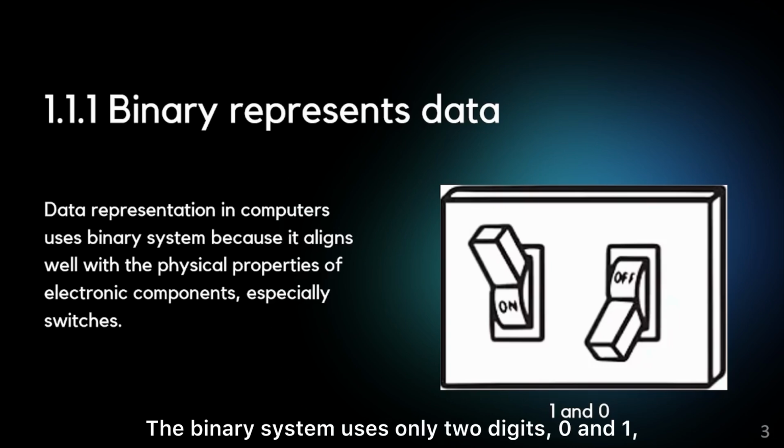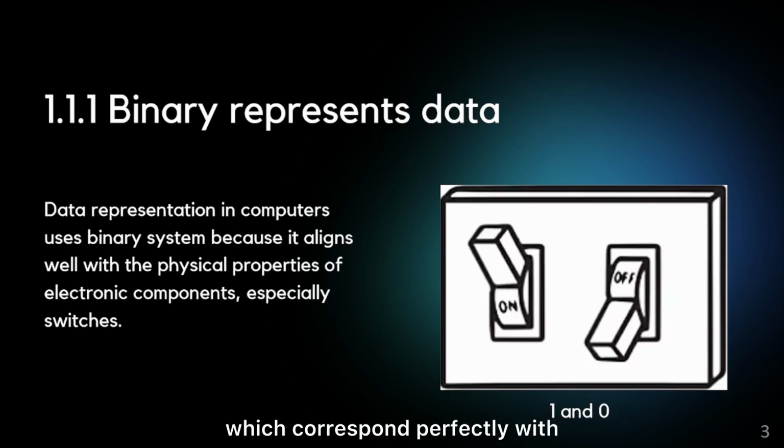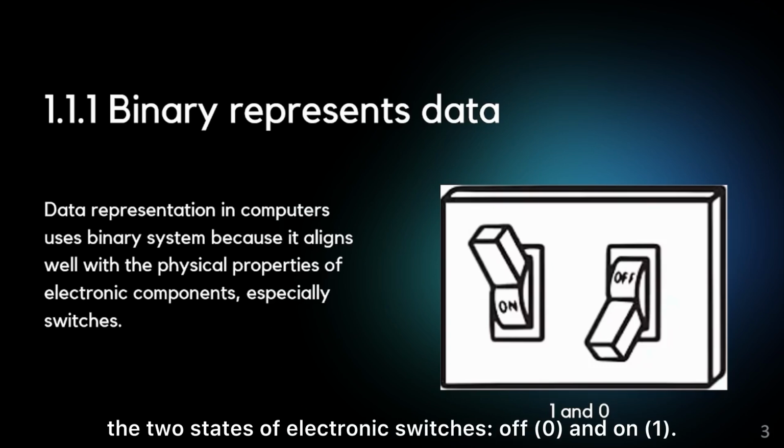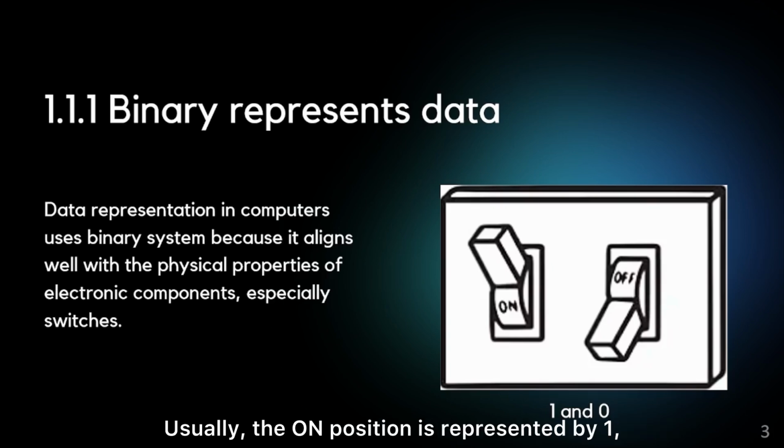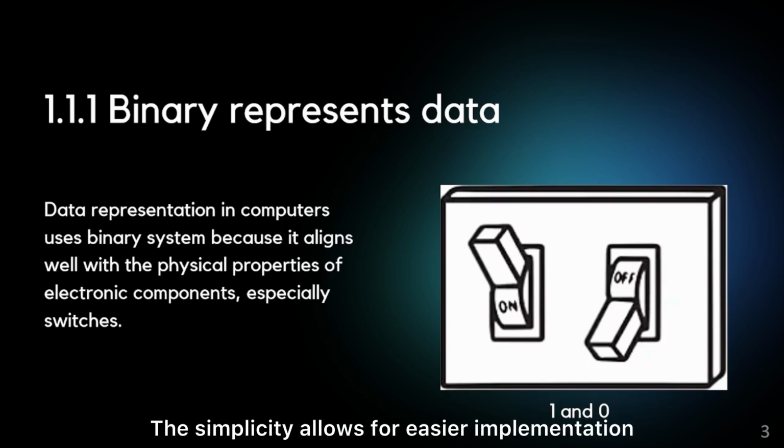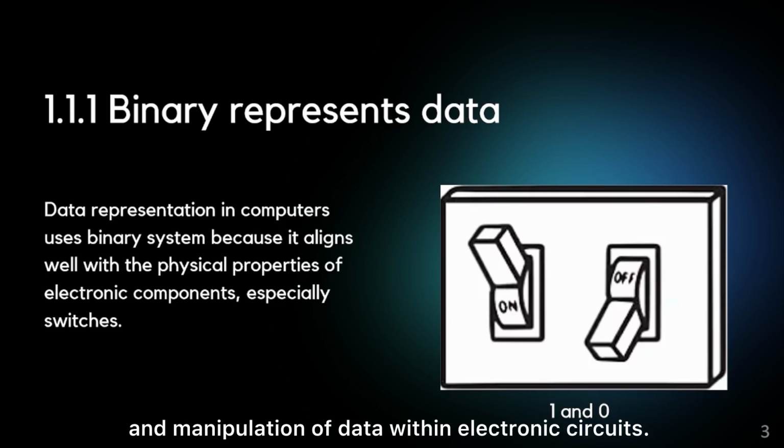The binary system uses only two digits, 0 and 1, which correspond perfectly with the two states of electronic switches, off and on. Usually, on position is represented by 1, while the off position is represented by 0. The simplicity allows for easier implementation and manipulation of data within electronic circuits.